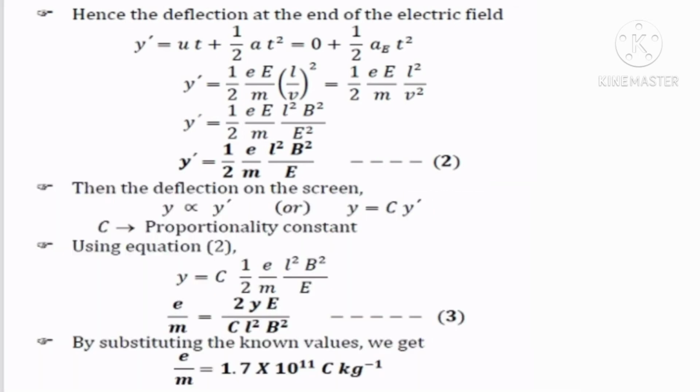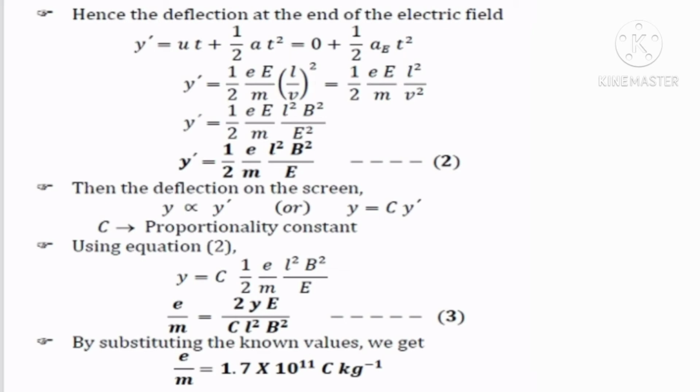Here, a is replaced as eE by m and u is taken as what? 0. So the equation becomes 0 plus half a t squared. Here, a is replaced by small e into capital E divided by m and t is replaced by L by v.